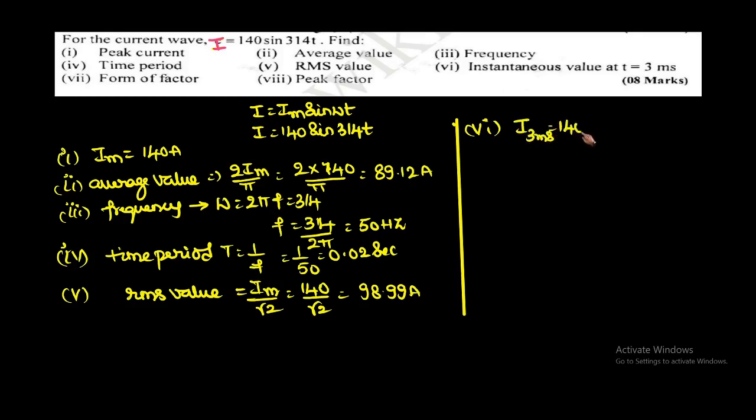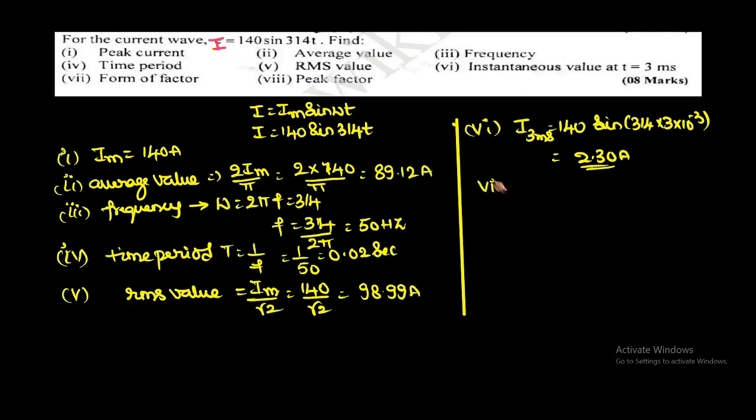Im value is 140 sin 314 into 3 into 10 to the power of minus 3. So if you substitute, you are going to get 2.30 amperes. Sin of 314 into 3 into 10 to the power of minus 3, you do it.